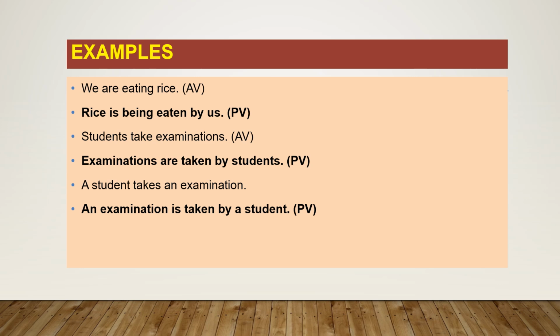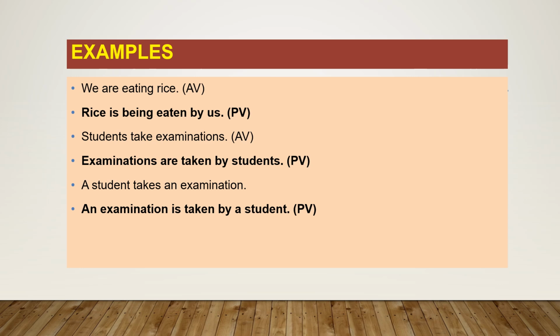Now, rice comes to the front of the sentence, object becomes subject. Is eating, present continuous, is being eaten. That is the present continuous form. Is being is the to be form. Eaten is the past participle of eat. Students take examinations.